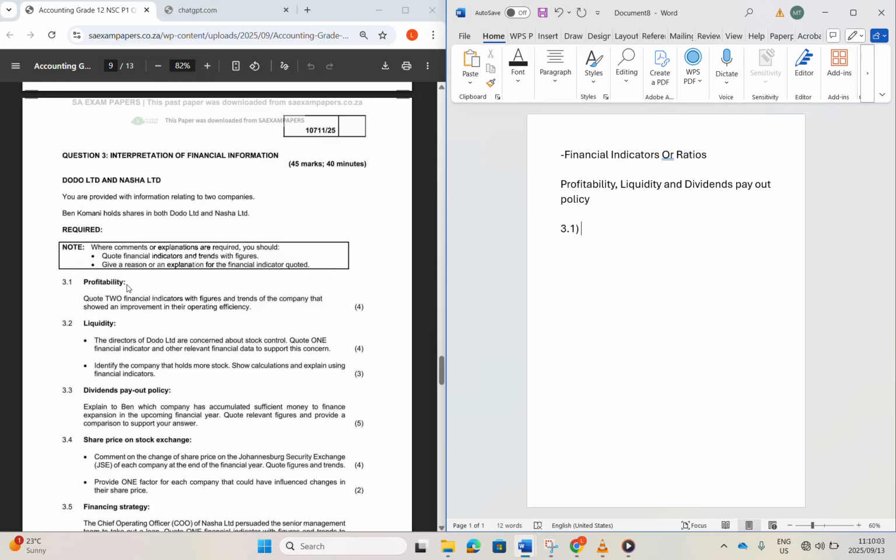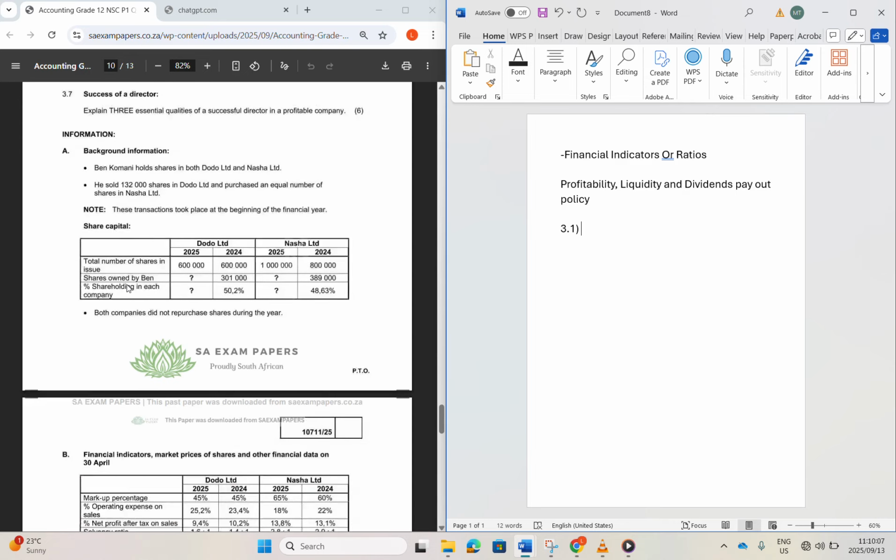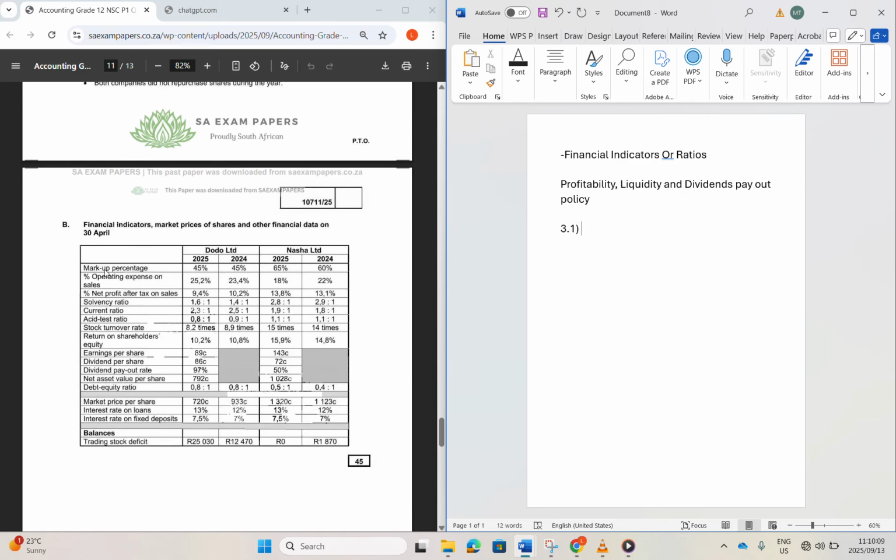So you must link it to the profit ratio. So if you go to the information, you have the markup percentage, you have the operating expenses on sales, you have the net profit after tax on sales. So it has profit in it. Operating expenses also impact our profit, because we know expenses reduce our profit. So it relates to the profitability ratios.